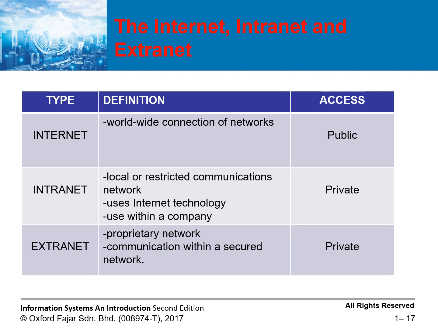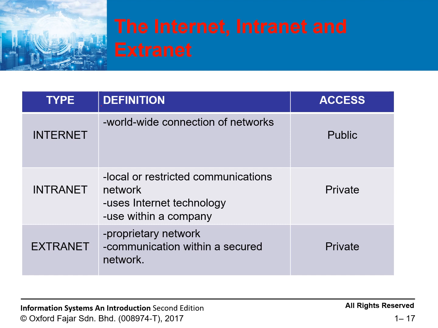And the last one is the extranet. This extranet is a proprietary network that provides only authorized users of an intranet access to network resources through a secured connection over the internet.